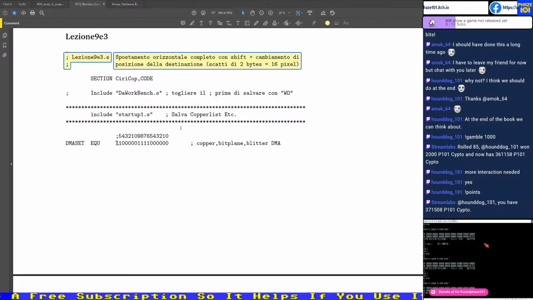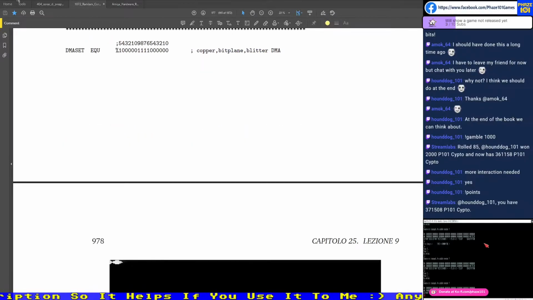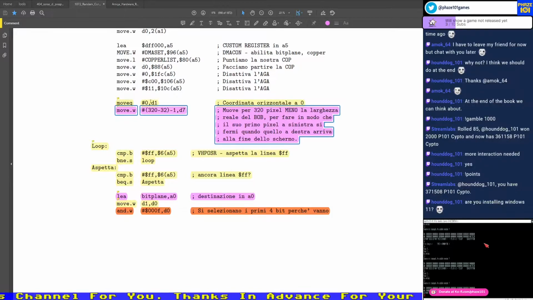It's a very simple code. We move 0 into d1, and you will see why in a minute. It's our horizontal starting position. We start from position 0, of course, so that's why we are moving 0. The next line is 320 minus 32 minus 1.